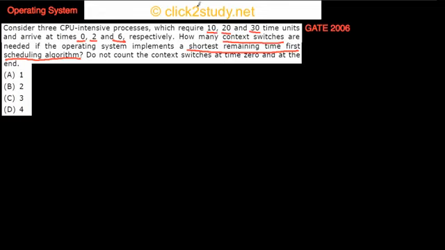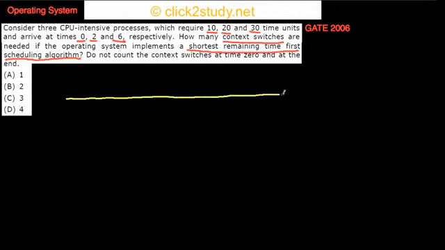So how many of those context switches will be needed if the shortest remaining time first scheduling algorithm is implemented? In this case, the process that has the shortest remaining time is run first. That's this algorithm. So let's do this.